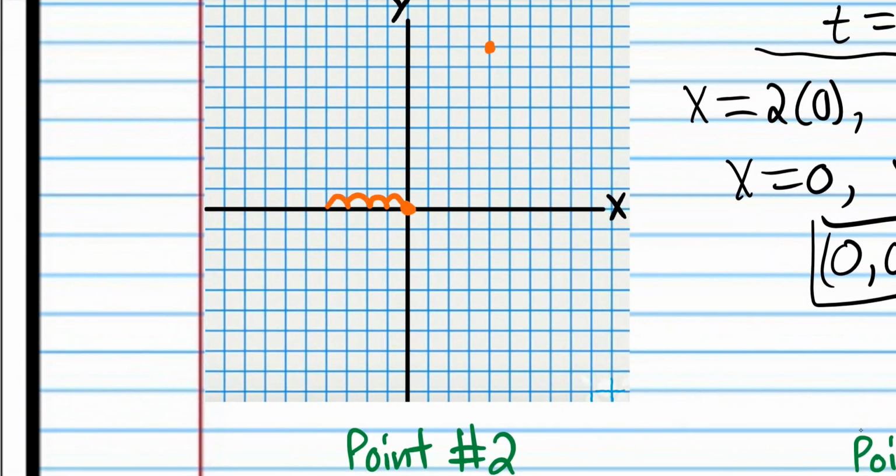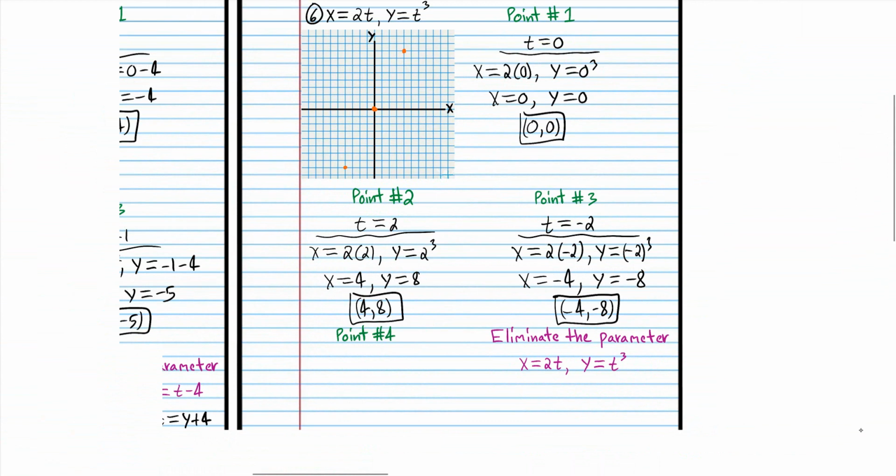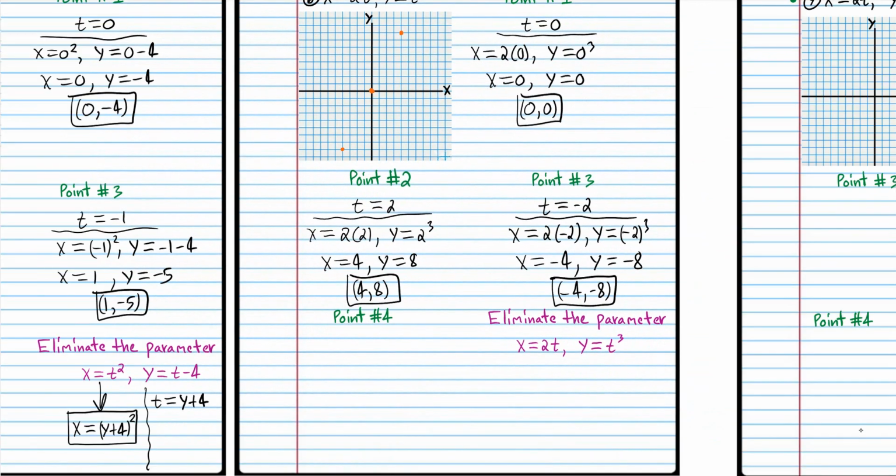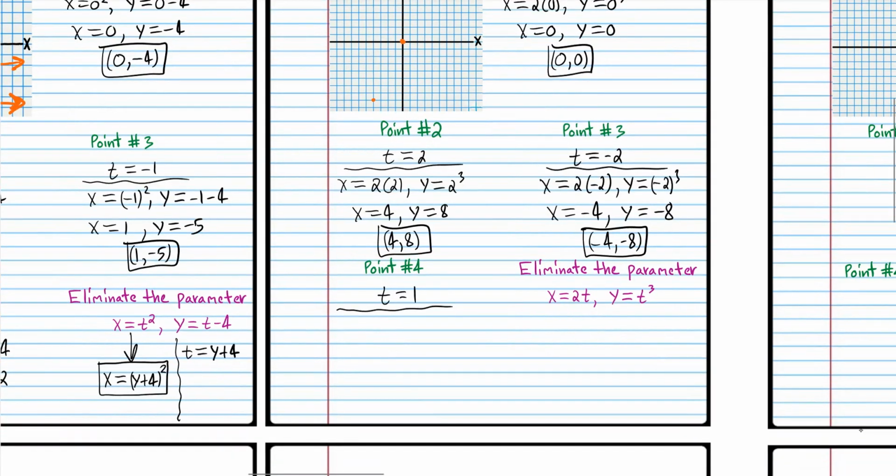So let's choose 1 for t. You may have chosen different points, that's fine. So x is equal to 2 times 1, y is equal to 1 cubed. So x is 2 and y is 1. Our point is 2, 1.